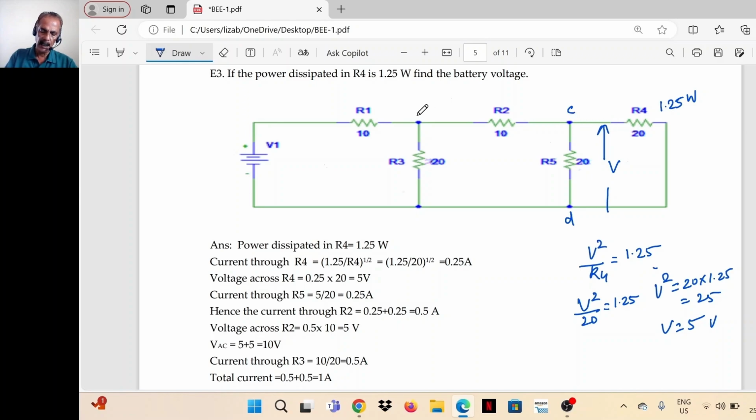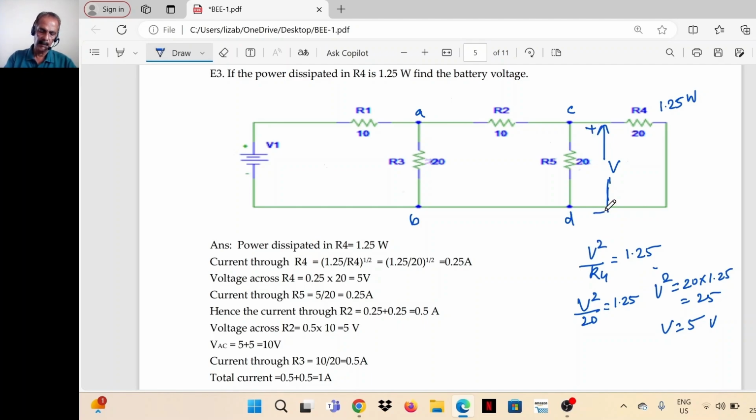So this is C, D, this is A, B. So let's use the equation for power. Power is V square divided by R. So R4 is connected between C and D. R5 is also connected between C and D. It's a parallel combination. So V square divided by R4 is power dissipated in R4, which is 1.25. So V square by 20 is 1.25. Solving, we will get V as 5 volts.